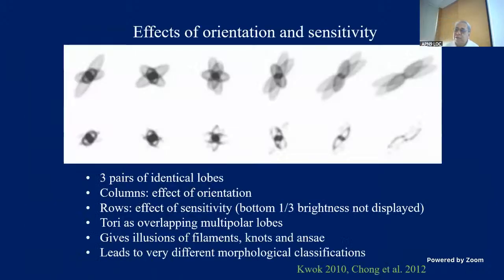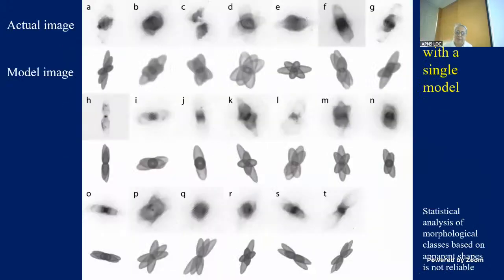Because if you create a very simple model, a single unified model, and you rotate this nebula into different orientations and then set it to different degrees of sensitivity, you can create a large variety of two-dimensional morphologies that you can see here.